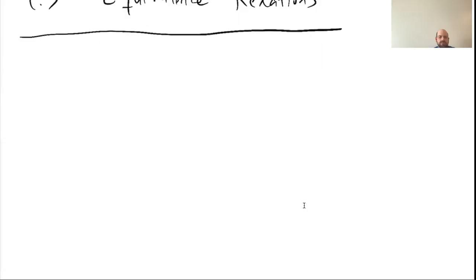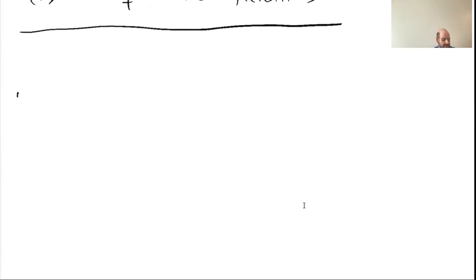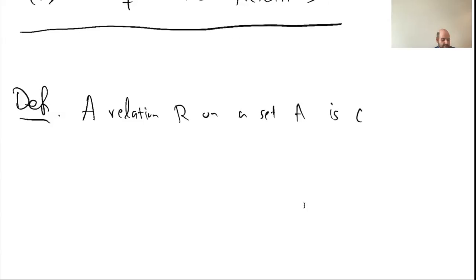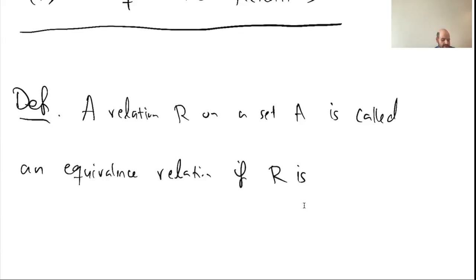Okay, so let's look at the definition of an equivalence relation first. I think I mentioned it last time, but let's look at it again. A relation R on a set A is called an equivalence relation if R has three properties: reflexive, symmetric, and transitive.